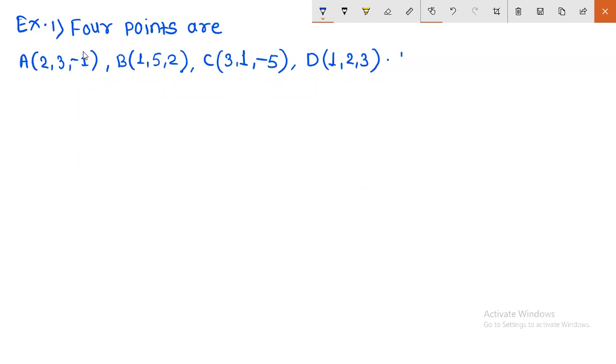You have to find the AB bar plus CD bar, and AB bar minus CD bar.